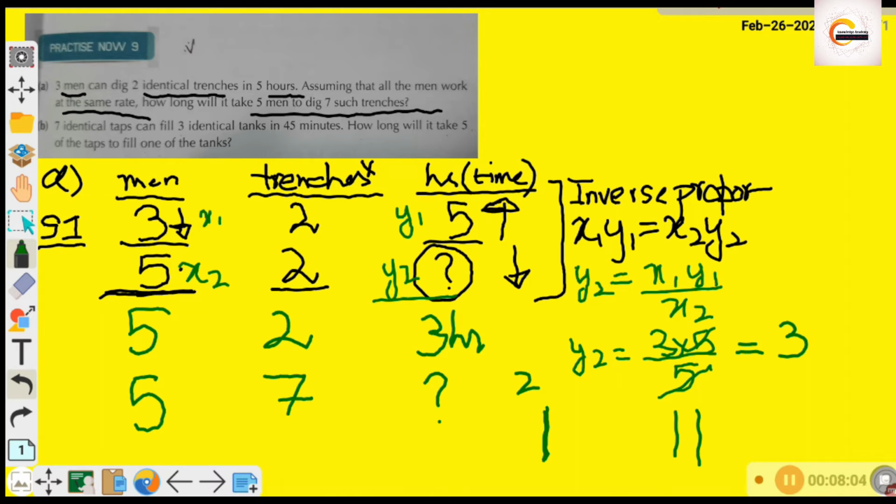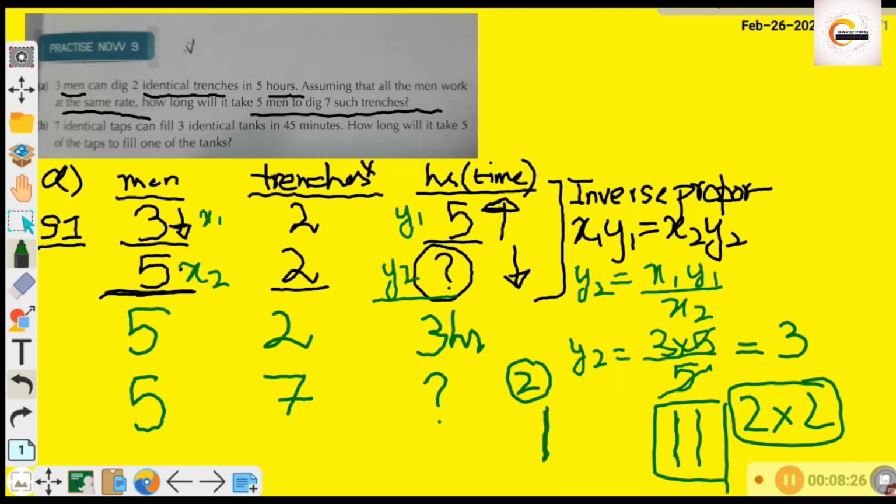If somebody has to dig 1 trench, they will take, let's see, 2 hours. And if that person has to dig 2 trenches, he will take double the time. So if somebody has to dig more trenches, the time will increase; if somebody has to dig fewer trenches, the time will decrease. 5 men have to dig 2 trenches, and then 7 trenches.